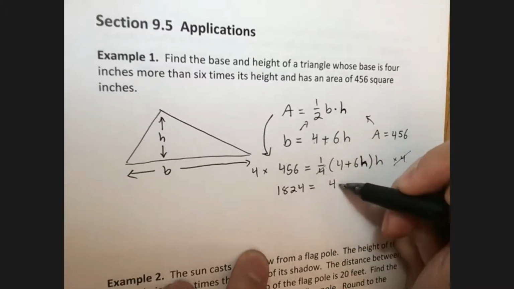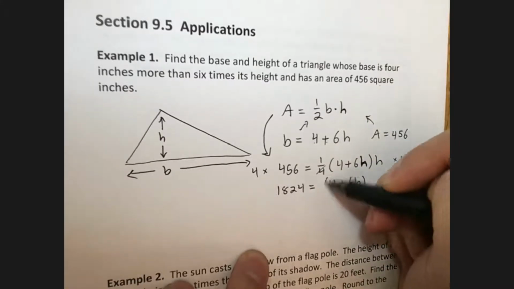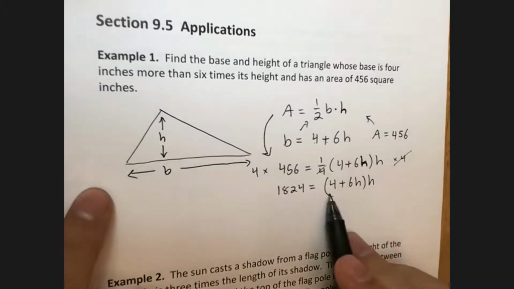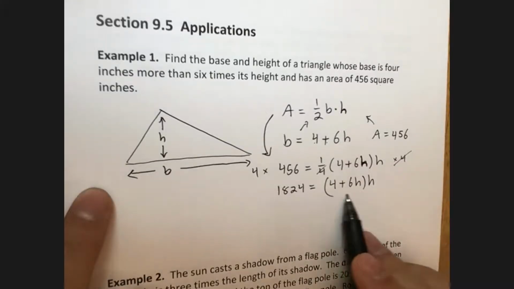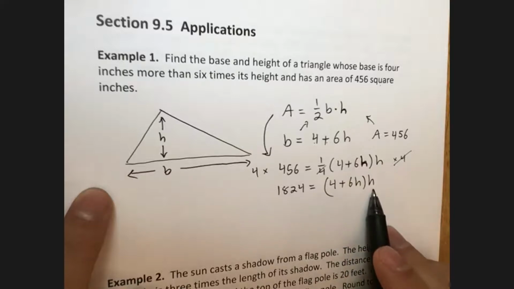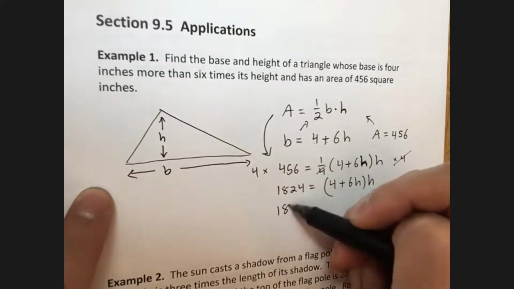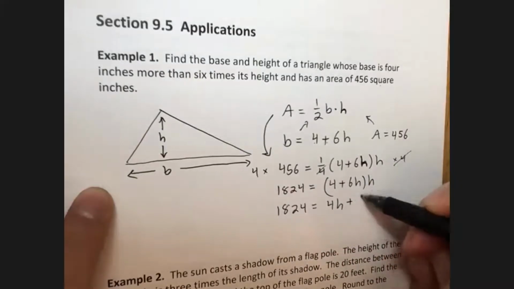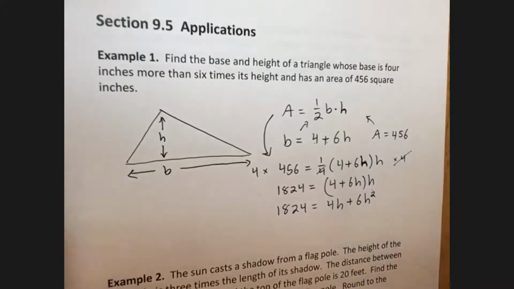So I just got 4 plus 6h times h. And I can turn this into a problem similar to the ones that we've been solving if I distribute the h through. So 1824 equals 4h plus 6h squared.